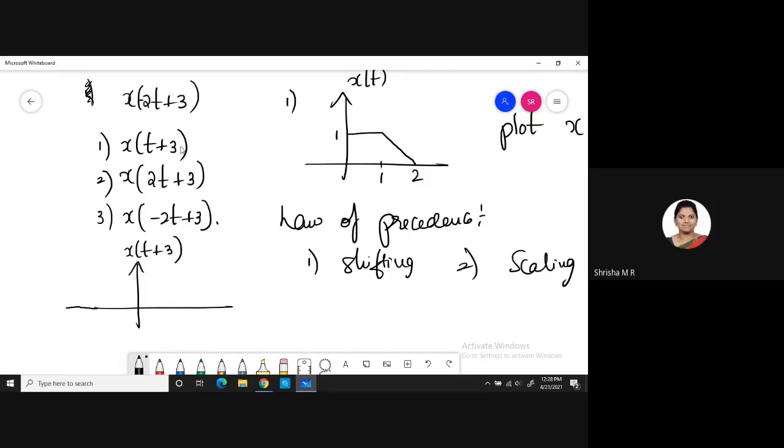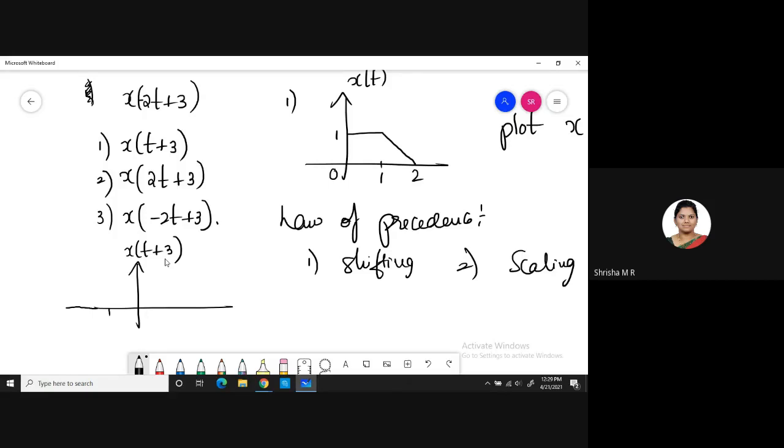Guys, you are following? The signal is only 2 units, from 0 to 2. So it will start from minus 3 and go to minus 1. It is minus 3 to minus 1, correct?